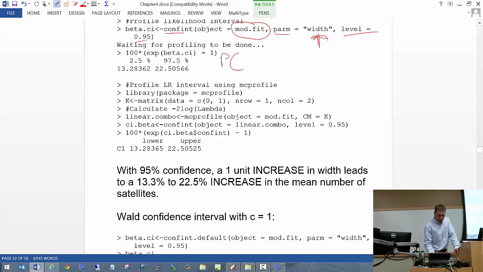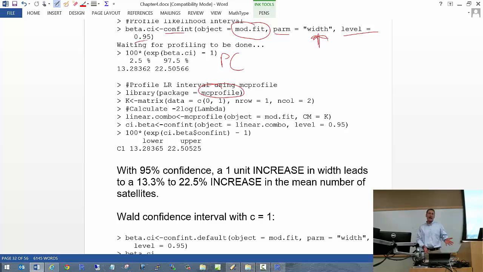Okay, you could also use the mcprofile package as well, and so I've just put that in here since we haven't used it since Chapter 2, just as a reminder of how to do this. Now remember that the mcprofile package would be the preferred way to do this if you have some kind of model that has, let's say, interaction terms in it, or quadratic terms in it as well.